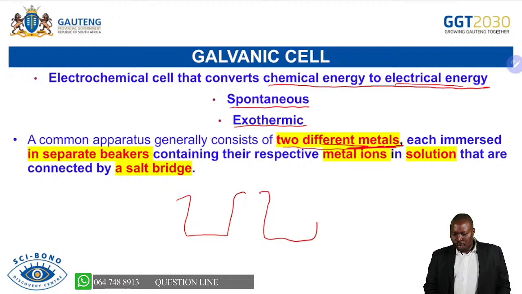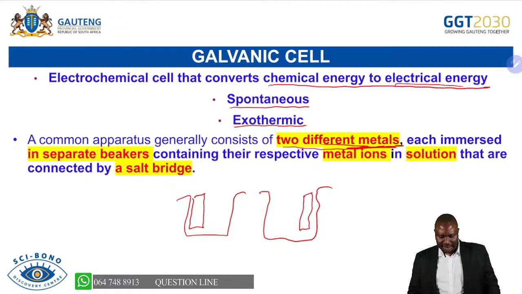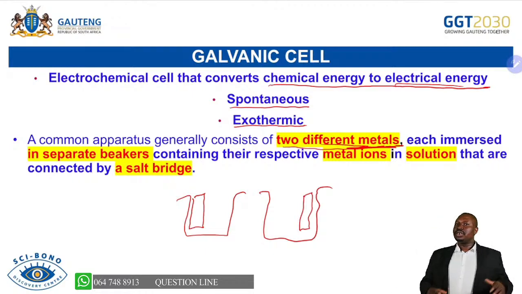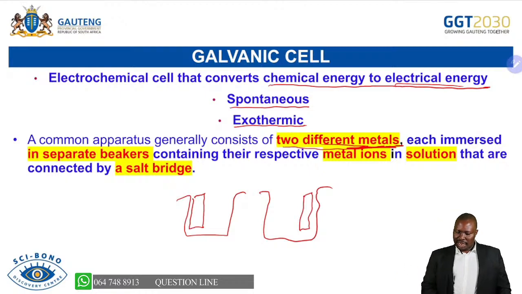So you're expecting that we will have 2 beakers like that, and we're going to have electrodes, the one anode, the other one cathode. I don't want you to think that anode and cathode, the one is always on the left, the other on the right. When we start with the section, I want to emphasize that we can put anode either on the right or the left of the two beakers. So you don't have to cram to think that anode is always on the left. No, sometimes we put anode on the left, cathode on the right. The main thing is the reaction that is taking place.